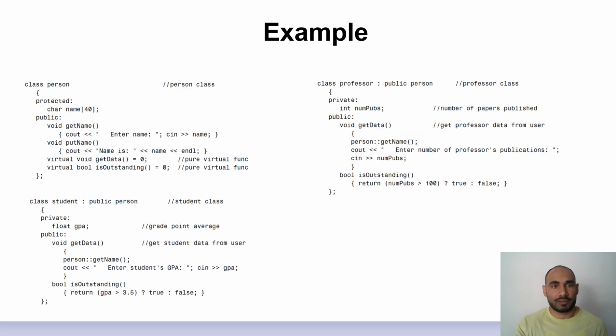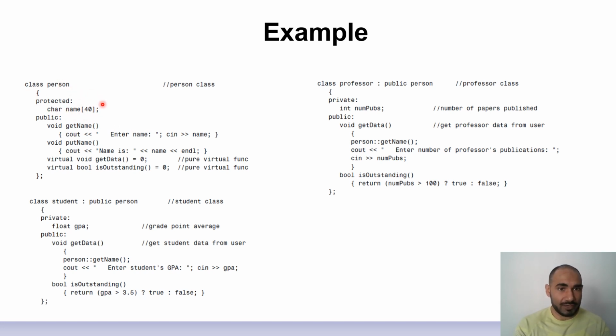All right, so this example is a bit more realistic. I feel that if you look at this example, you will appreciate how useful abstract classes and pure virtual functions are, also from your coursework's perspective. We have this class called person. It has a data member called name.